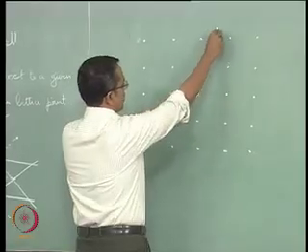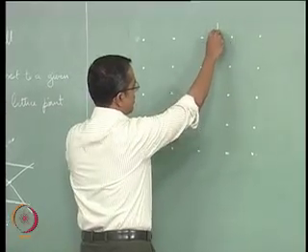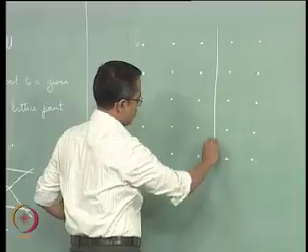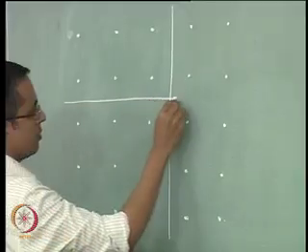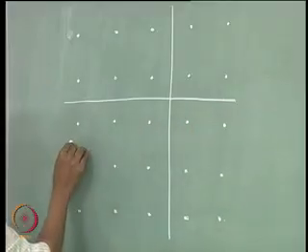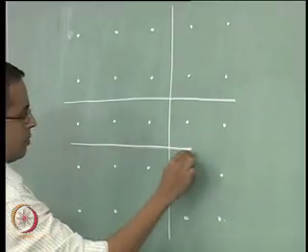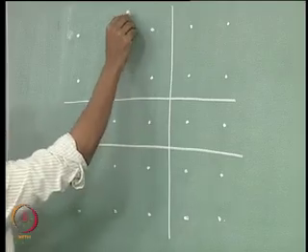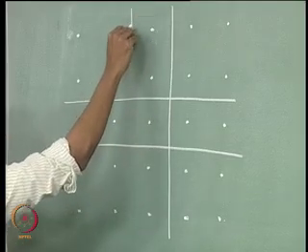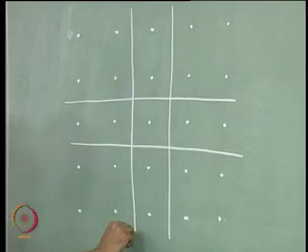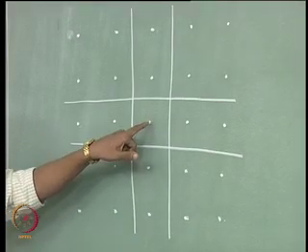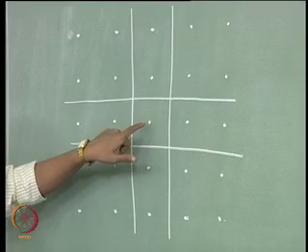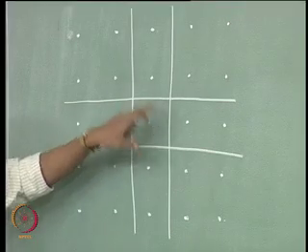So we will put those lines down. So we have now got the lines that perpendicularly bisect the imaginary lines that would join this central point to its immediate 4 neighbors.